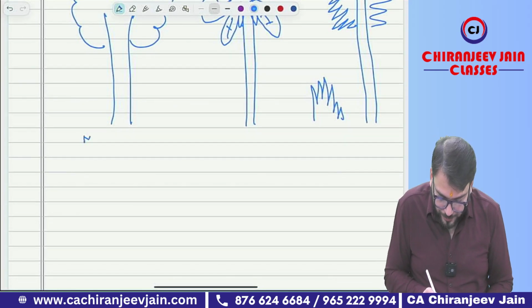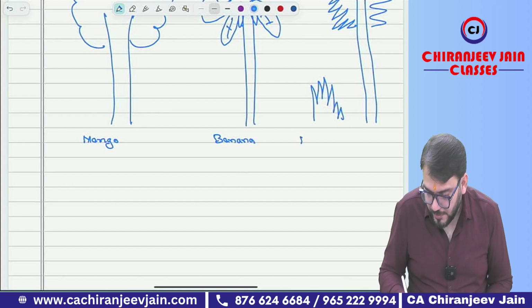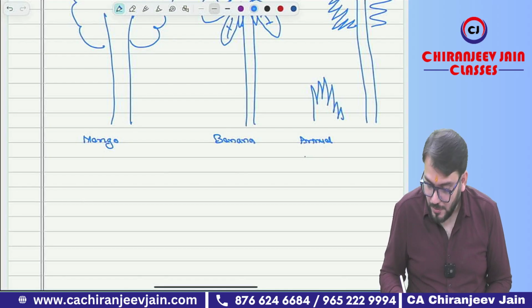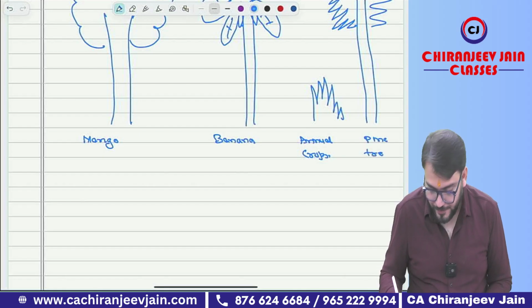So this is mango, this is banana, this is annual crop, and this is pine tree.